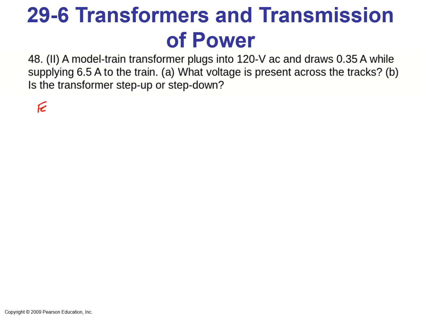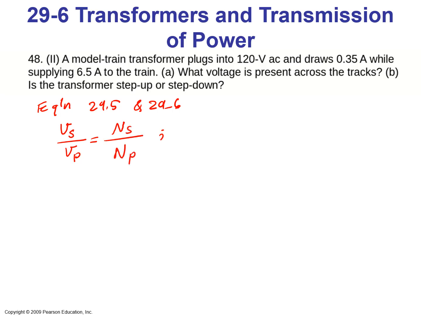So we use equations 29-5 and 29-6 to relate the voltage and current ratios. So the voltage of the secondary over the voltage of the primary equals number of turns of the secondary over number of turns in the primary.